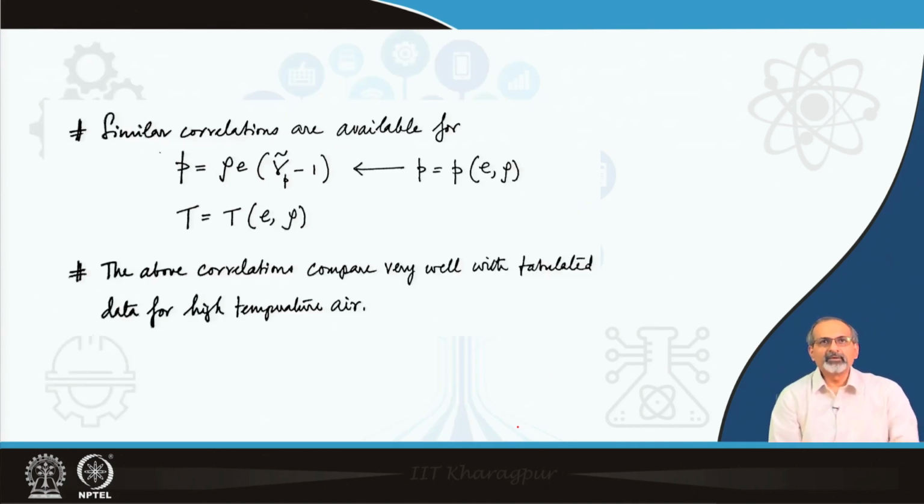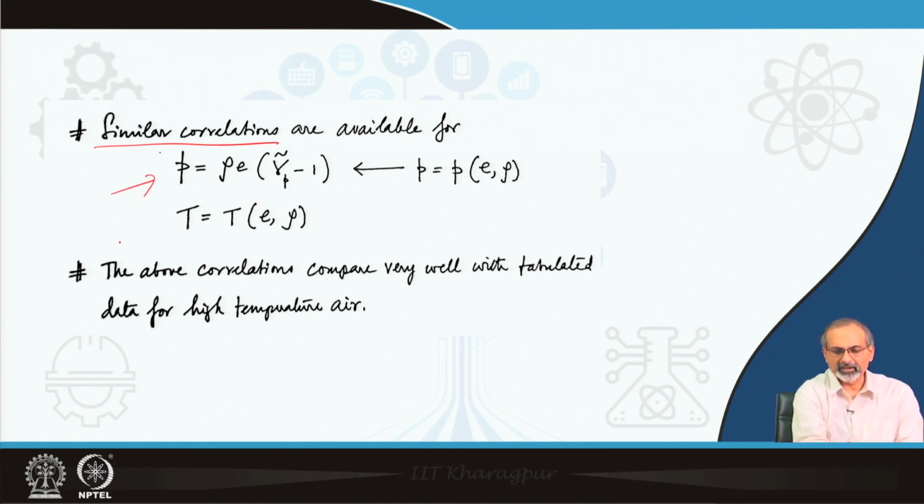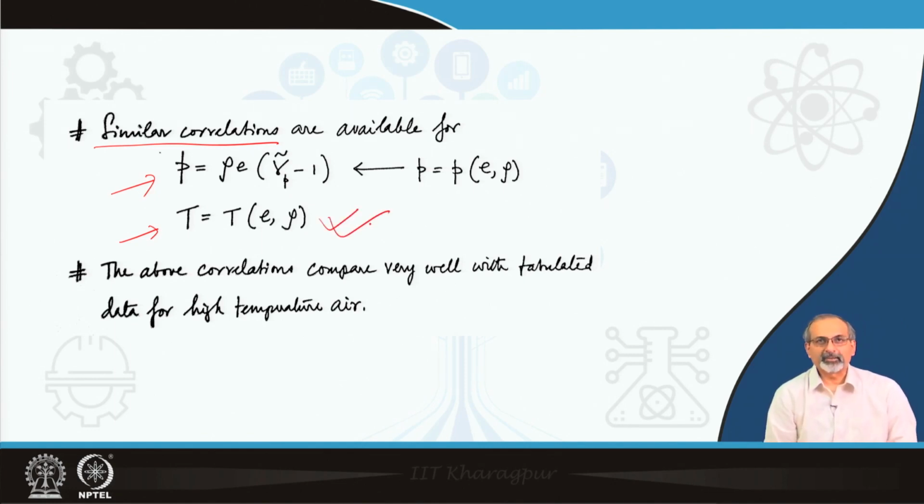Like enthalpy, you will see similar correlations available for pressure, for example, as a function of rho e, and another correlation for the gamma, which we may call gamma p tilde, and also correlations for temperature.